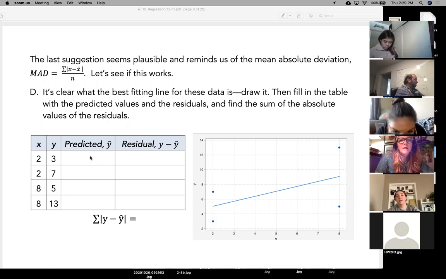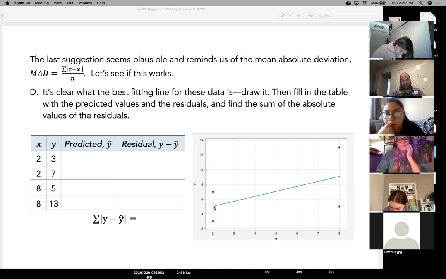What does a line tell me I should get for an X value of 2? Go up, down to the line. The predicted is 5. The actual is 3. This is what I actually got. The line says I should get a 5. When the actual is 7, the line says I should get a 5.